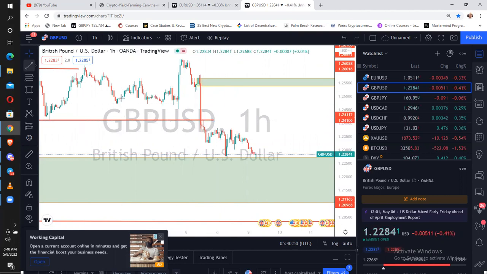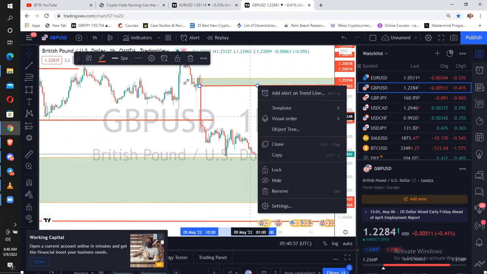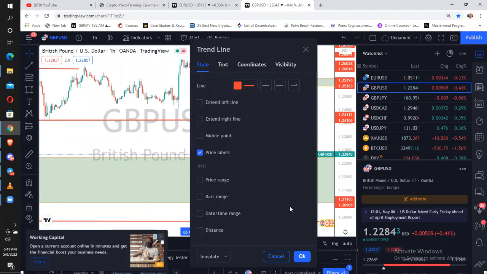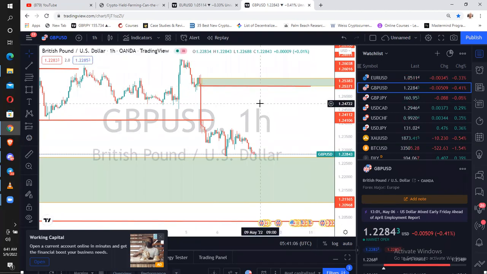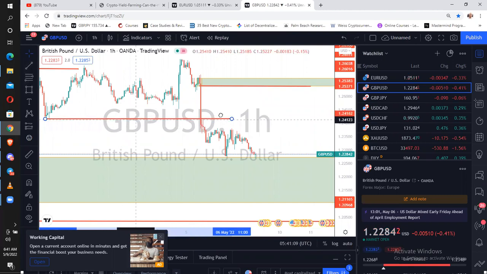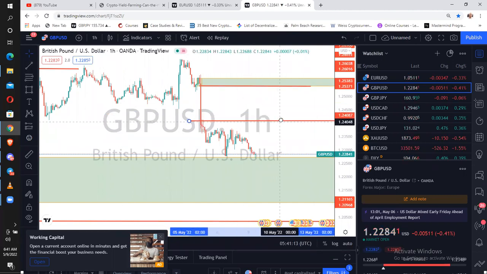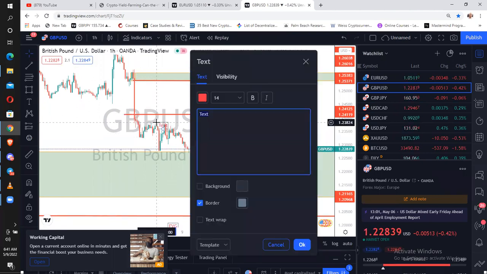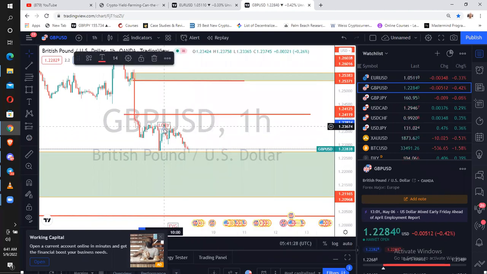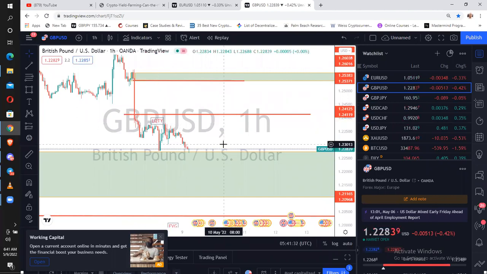In between this point and this point. And here we'll have liquidity resting above, which I would like them to come and clear.